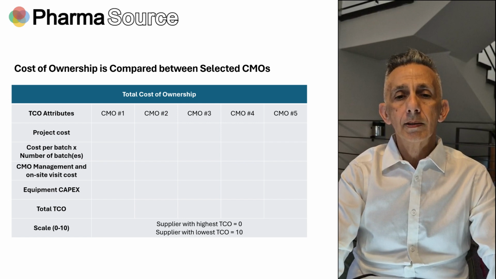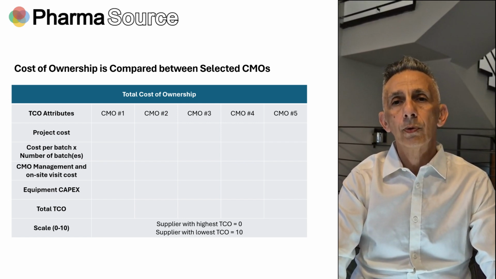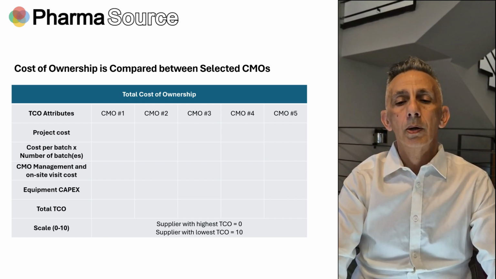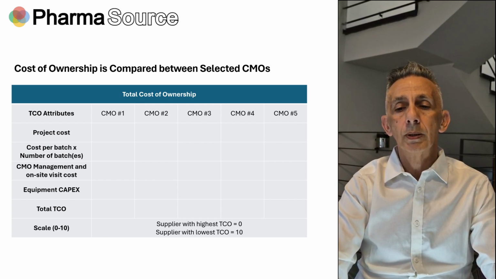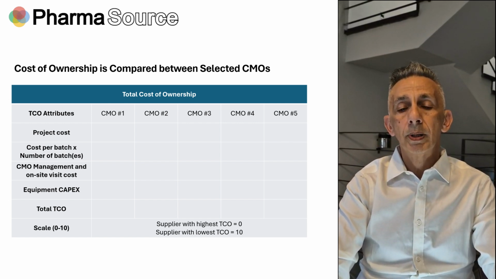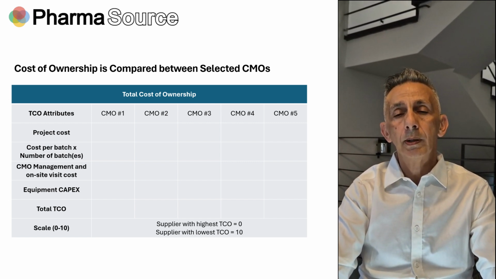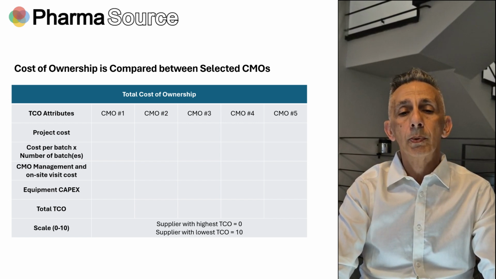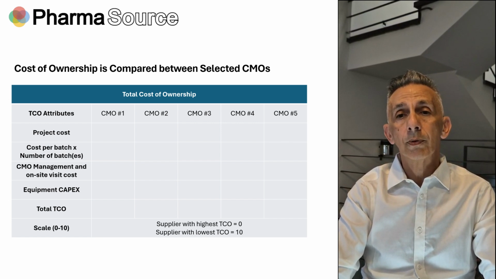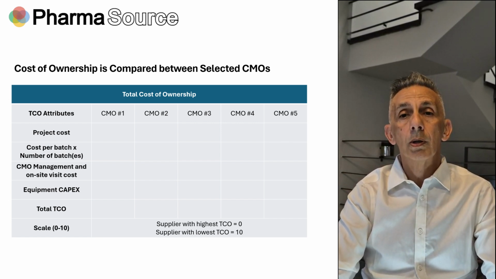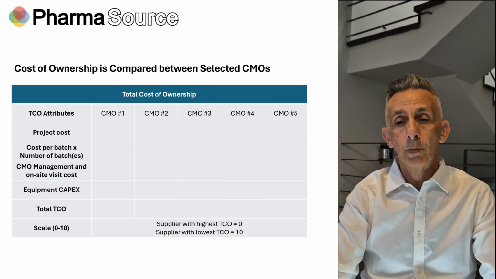In the case of the total cost of ownership, we will give each CDMO a mark, which for that case will be between 0 and 10, 0 being the highest total cost of ownership and 10 being the lowest. We will give each CDMO a mark, and the total of these marks will be the total cost of ownership for each CDMO.